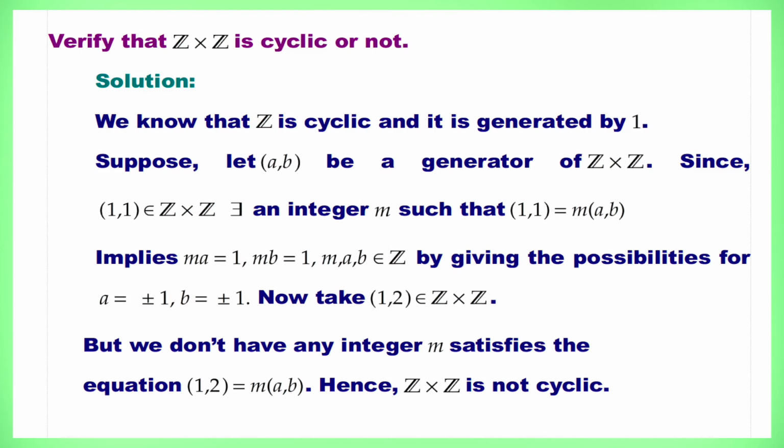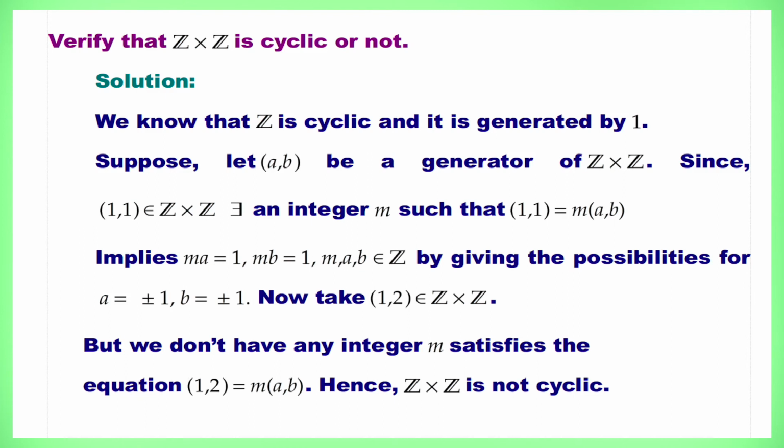So m times (a, b) should yield (1,1). So this implies that ma is equal to 1 and mb is equal to 1. So m, a and b are in Z. So we are getting the possibilities for a to be plus or minus 1, and for b also it is plus or minus 1. So in this case it is true.